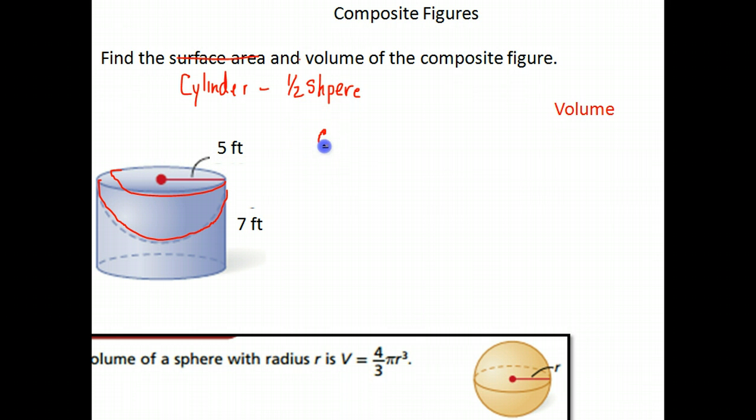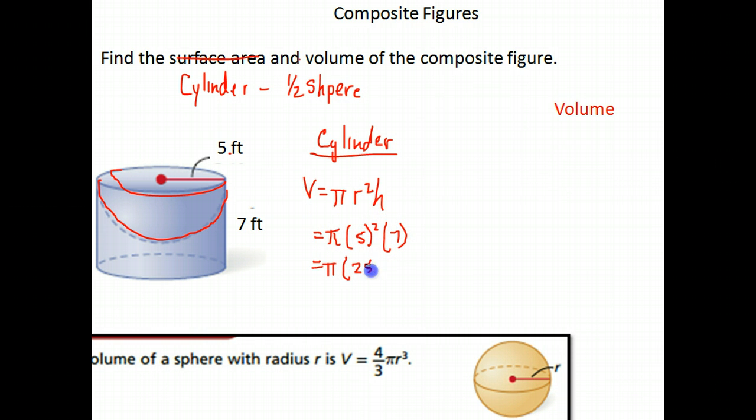Let's find the volume for our cylinder. Hopefully in your notes you have the formula for the volume of a cylinder. It's pi times radius squared times the height. So for this cylinder we would have pi times our radius of 5 squared times the height of the cylinder, which is 7. 5 squared is 25, and 25 times 7 is 175.